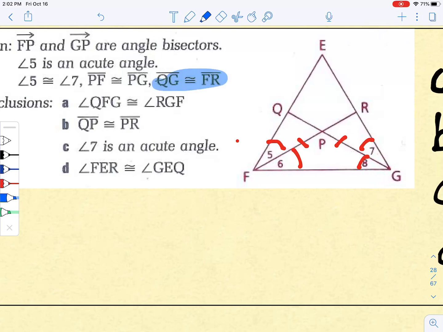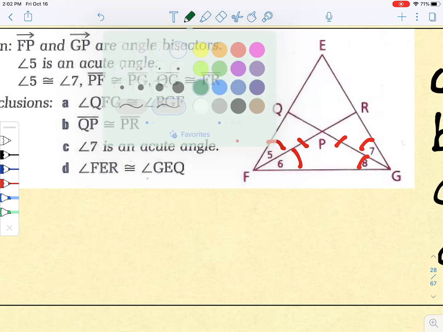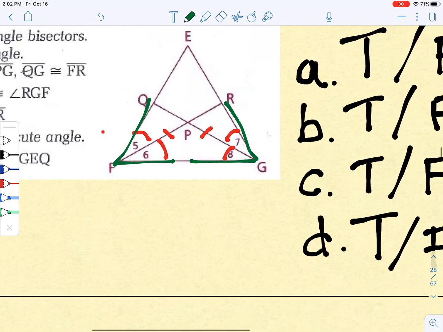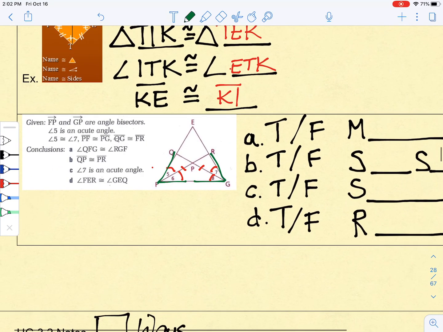We won't mark that on the diagram, we'll just highlight it here. Is angle QFG congruent to angle RGF? Well, let's go ahead and mark that on the diagram. QFG and RGF. And we would have to say, yeah.